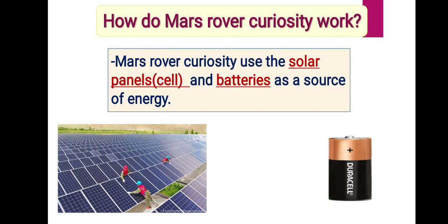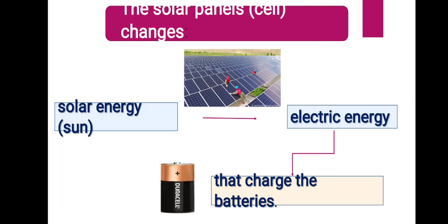When the Mars rover Curiosity moves, the electrical energy changes into kinetic energy and thermal energy produced due to motion. So one more time, the Mars rover Curiosity has two sources of energy. Number one, solar panels. The solar panels take the solar energy from the sun and change it into electrical energy.